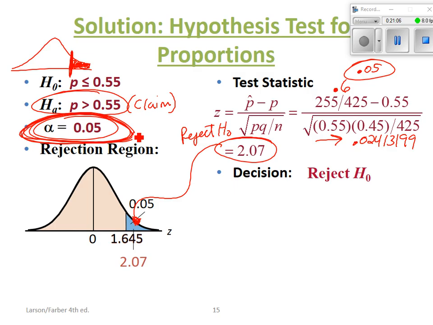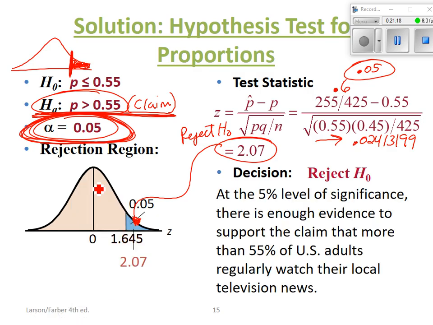We look up reject the null and the HA, the alternative hypothesis, was the claim. So we match them up, and it says at a 5% level of significance, there is enough evidence to support the claim that more than 55% of U.S. adults regularly watch their own local television news station or news program.